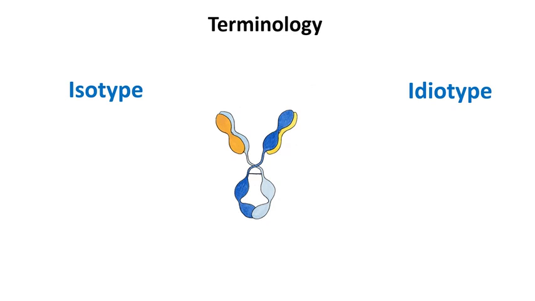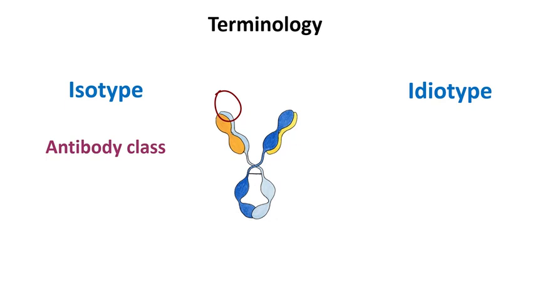The last thing we're going to look at is the difference between two words that you will occasionally encounter, isotype and idiotype. I personally find them unnecessarily confusing, and I don't use them, but you can run into them in the literature, so here's what they mean. Isotype and idiotype refer to differences in two different parts of the antibodies. If I have antibodies in the same class, they will have the same stems and the same isotype.